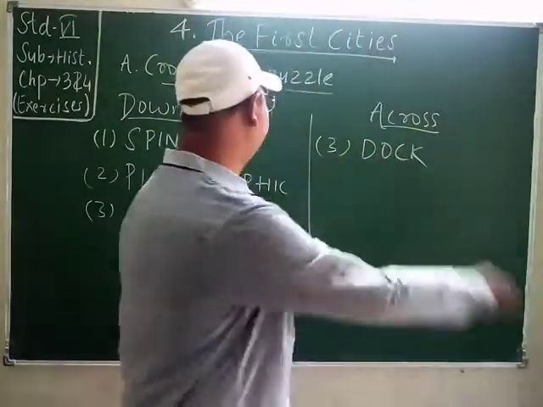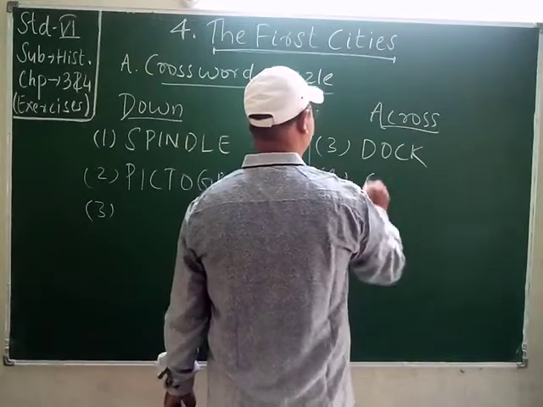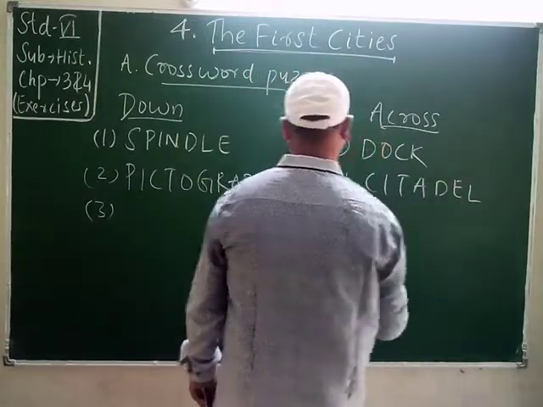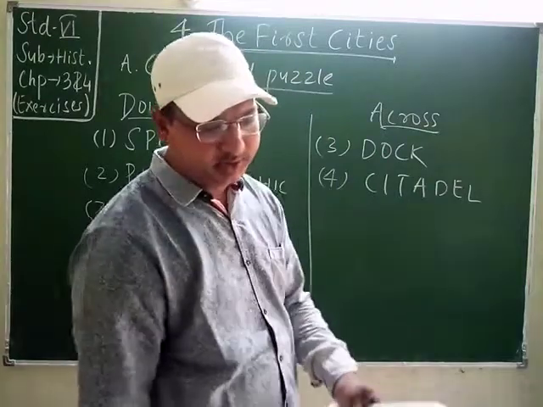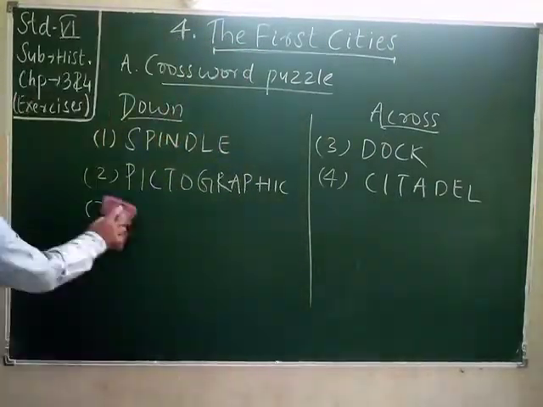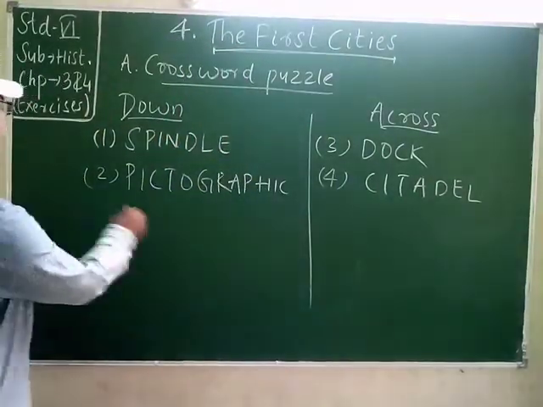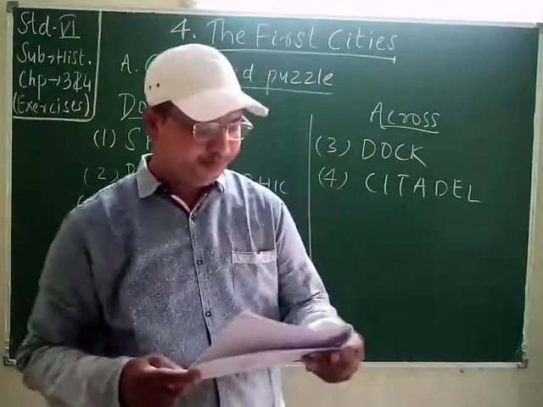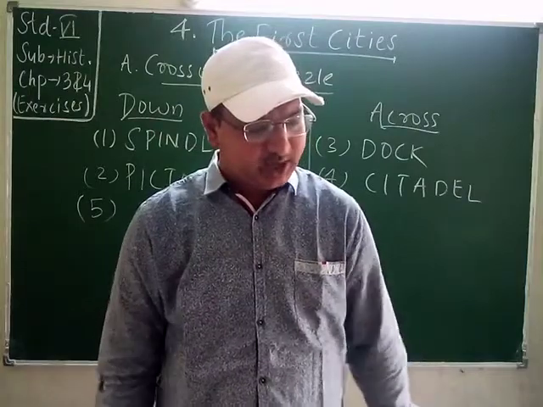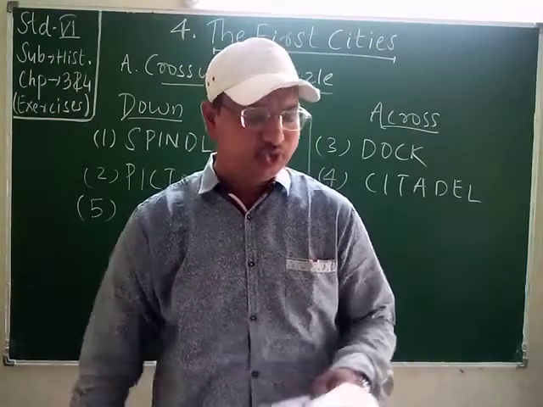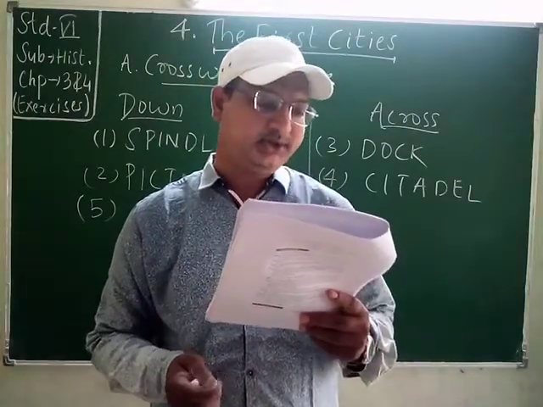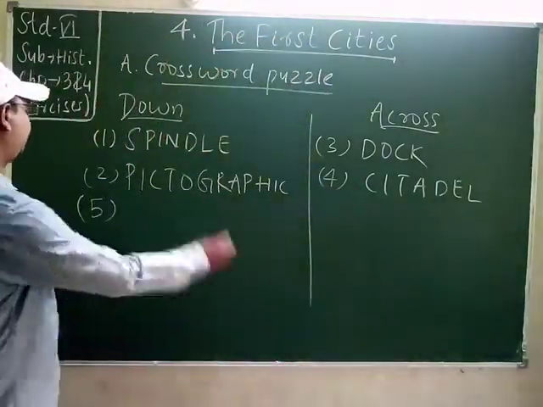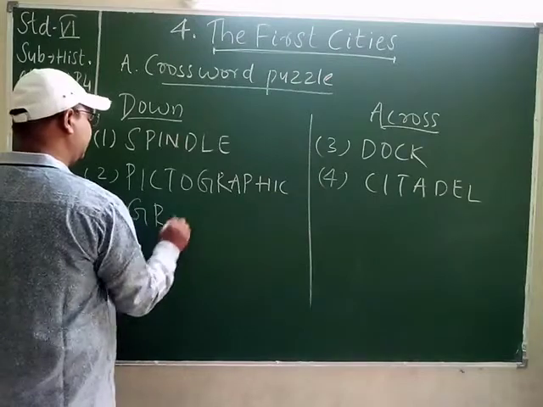That is number 4, citadel. Okay students, number 5. Large rectangular buildings used to store grain. Means there were some godowns, what type of godown? It is called a granary.